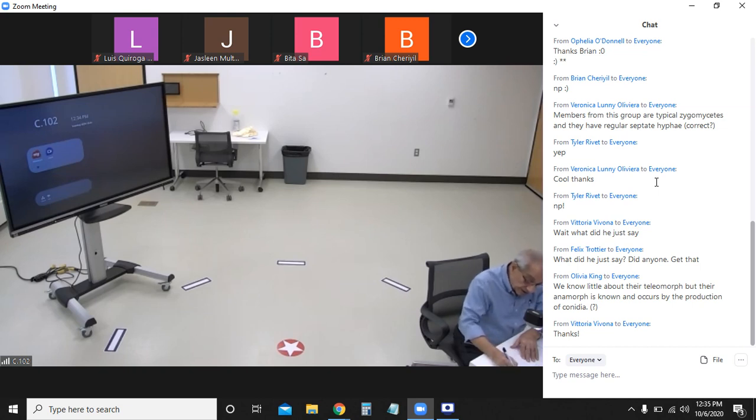And each of these produces a row of lateral cells called pseudophialides.